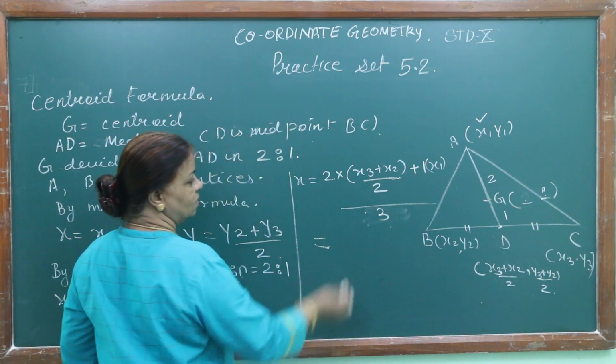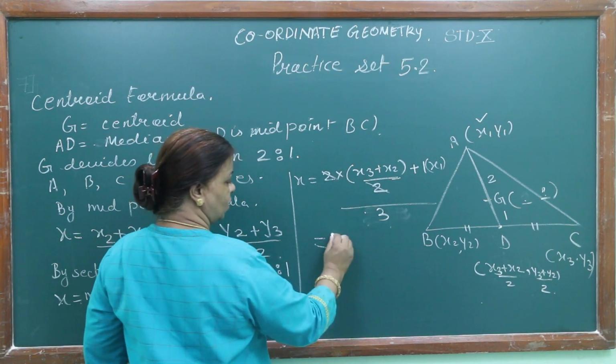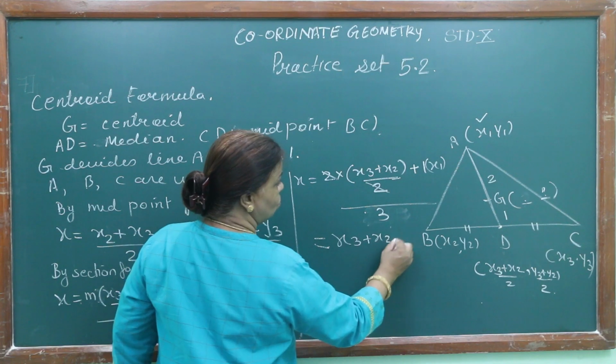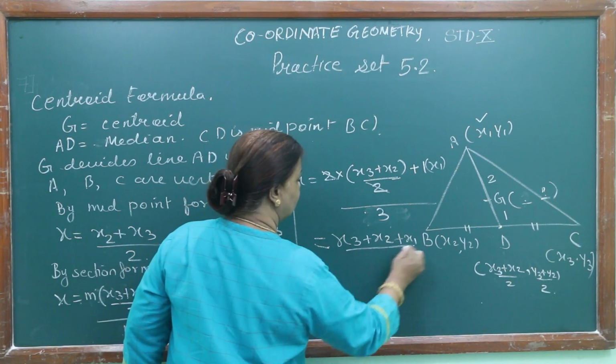The 2 and 2 get cancelled, so we get x3 plus x2 plus x1 upon 3.